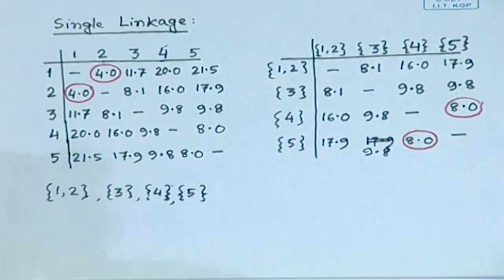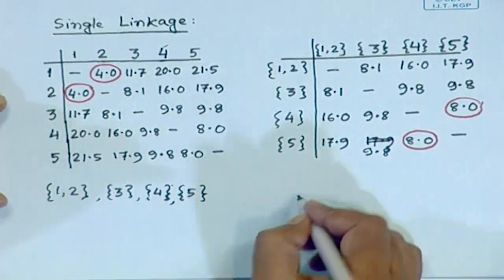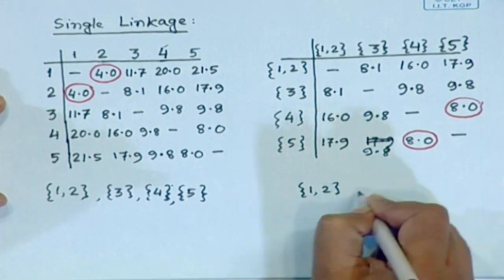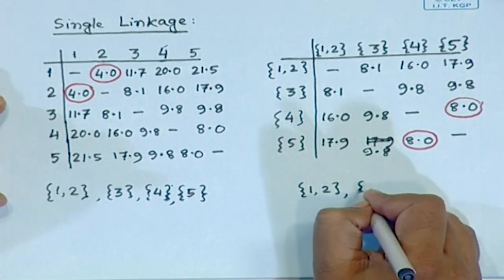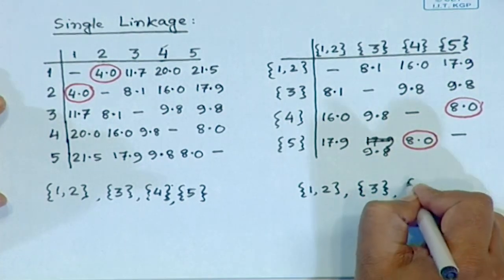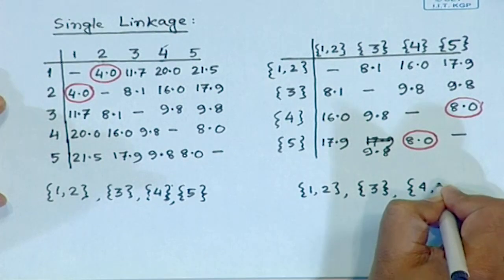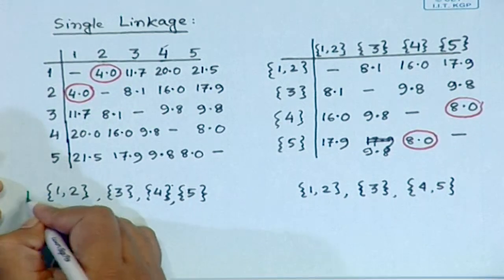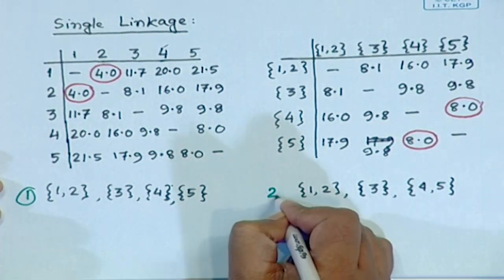So, after second step, the clusters that I have are 1, 2, that remains as a single cluster, then 3 and then 4, 5. So, these are the 3 clusters that I have made after step 2. Okay. So, this is what I have got in the first step, this is what I have got in the second step.